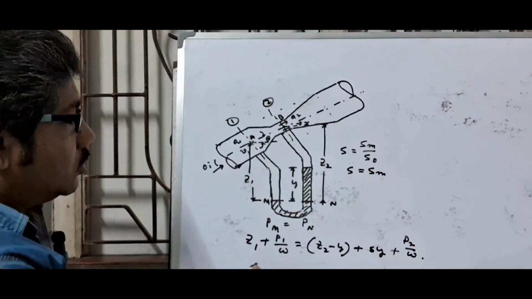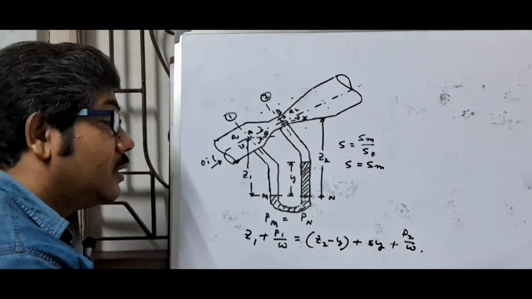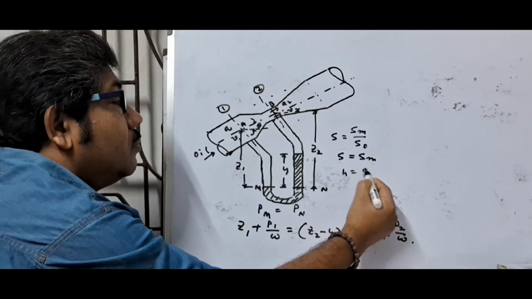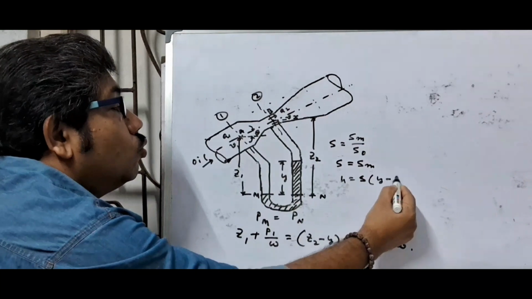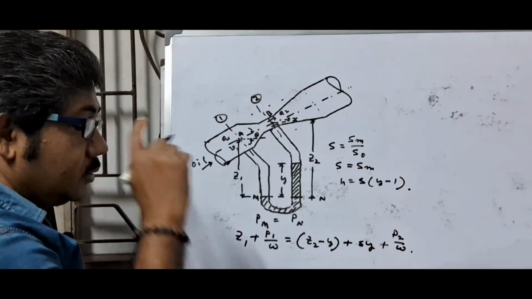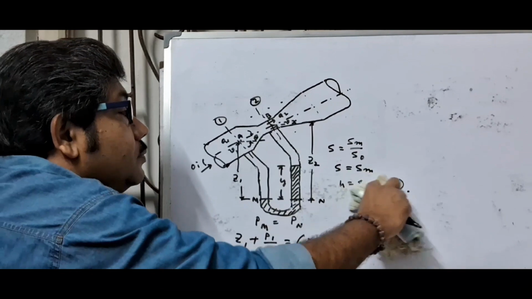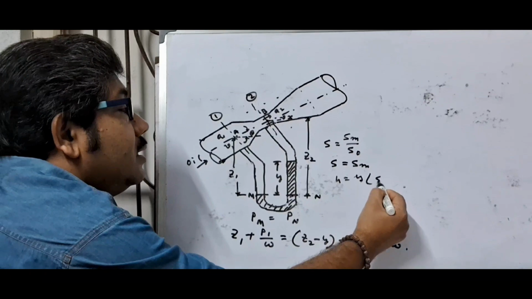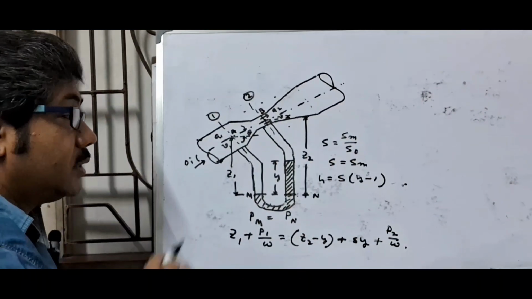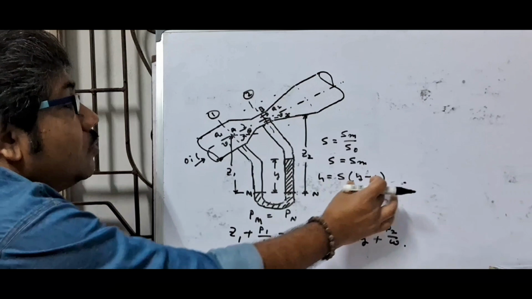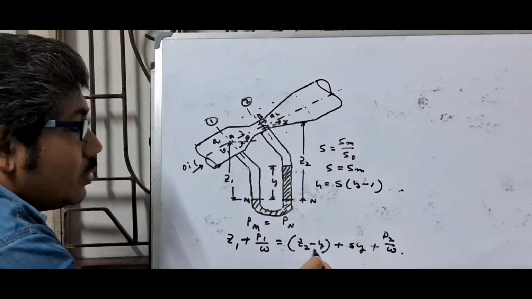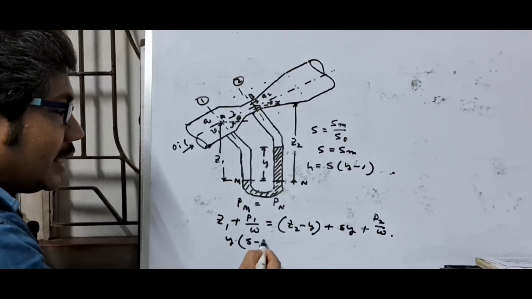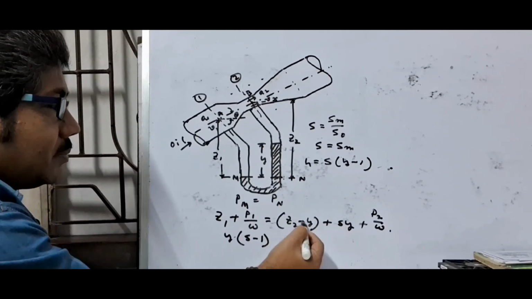So we know that Venturi head H is equal to Y into S minus 1 for horizontal Venturimeter. Here we consider Y into S minus 1. Look at the figure: Y into S minus Y, common S minus 1.